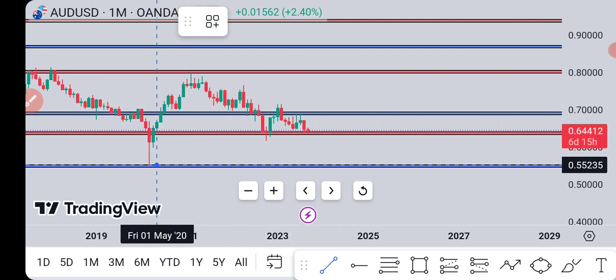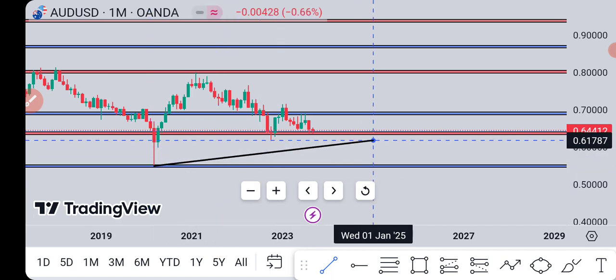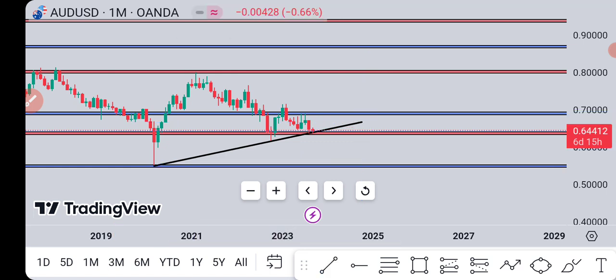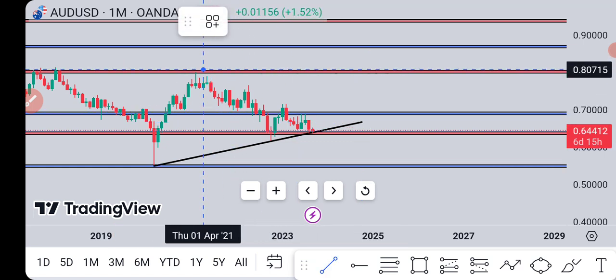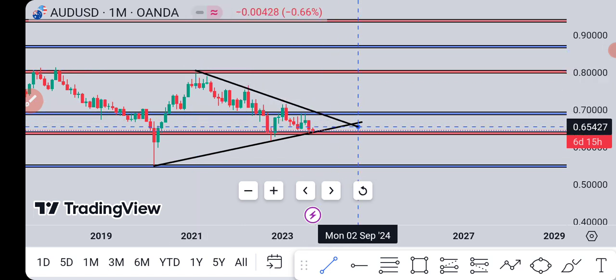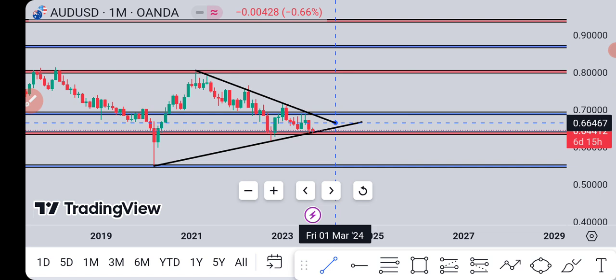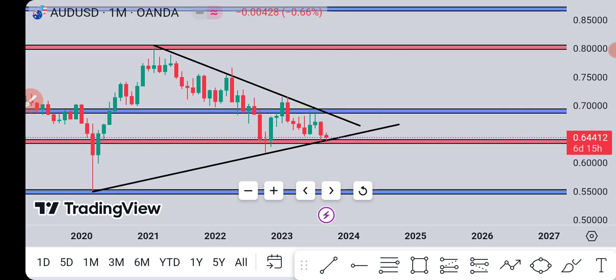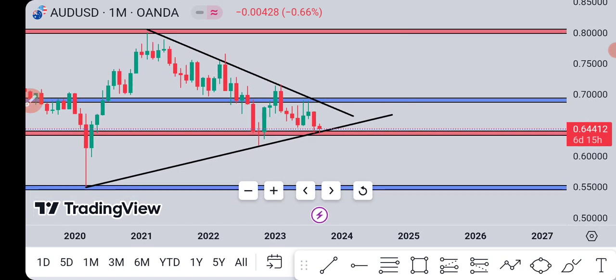Even though we have something like a triangle formation, see, we have something like triangle formation from here, and again we have this one right here. So technically, we are in a range inside of this triangle.